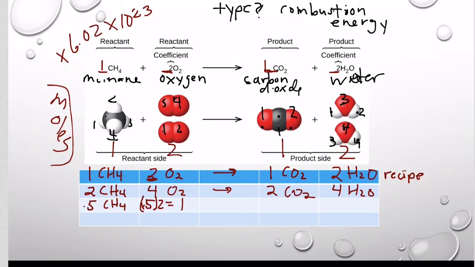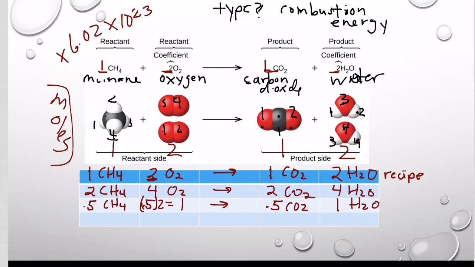So now we need 1 mole of oxygen. What about our carbon dioxide? Oh, well, it's the same. If we needed 1 mole of carbon dioxide for every 1 mole of methane, it's just going to be the same as what we started with of methane. And then we're going to make 1 mole of water. So we just multiplied everything by 0.5.